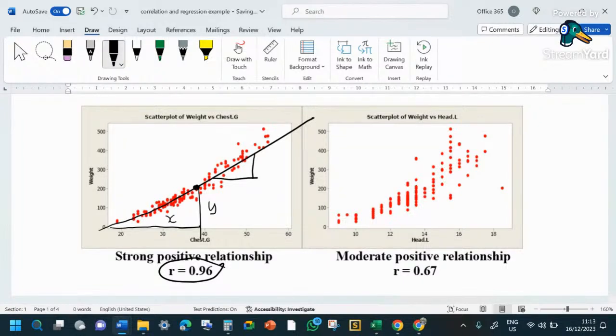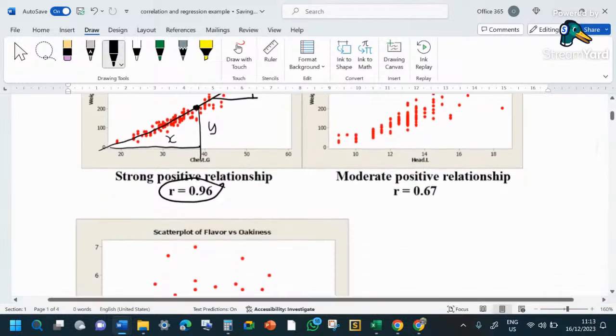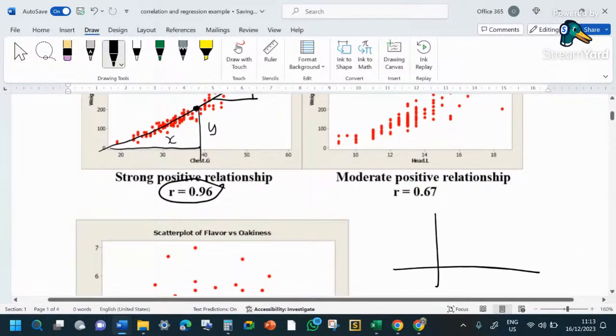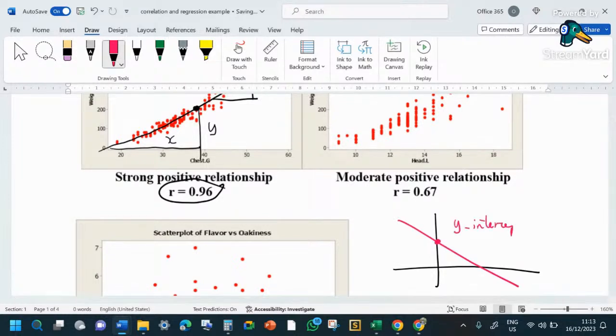And also, if you have a line like this one, you call this the y-intercept and this your x-intercept. Okay? Intercept, I-N-T-E-R-C-E-P-T.